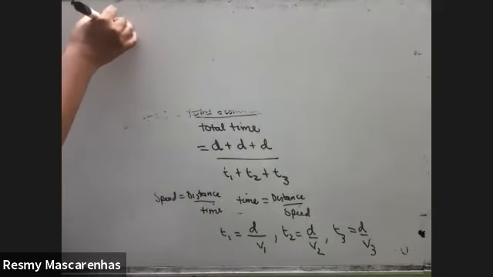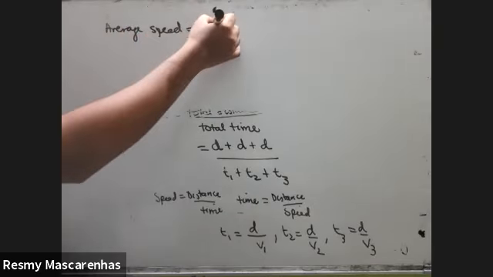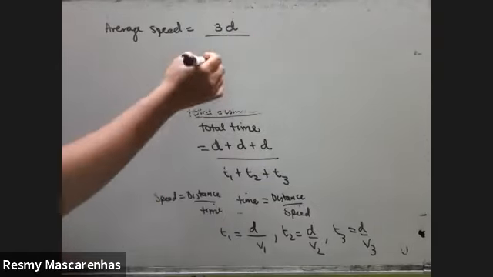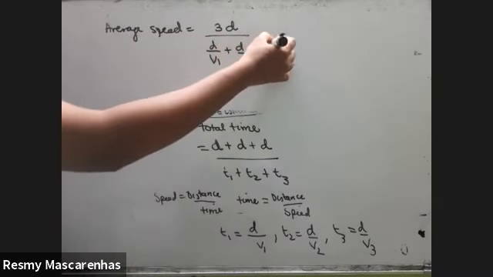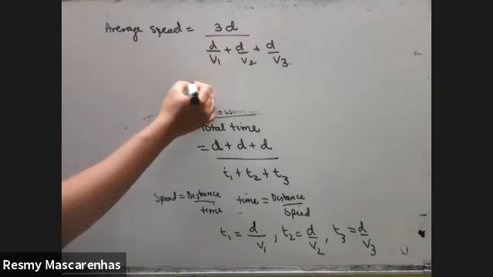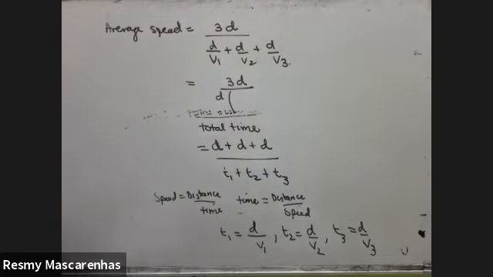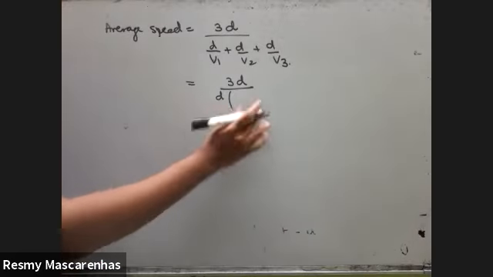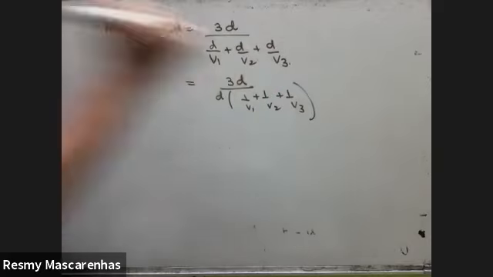So total average speed will be 3D over D plus D plus D, and instead of T1, T2, T3 put these. Now take D common from all these terms: 1 upon V1, 1 upon V2, 1 upon V3.